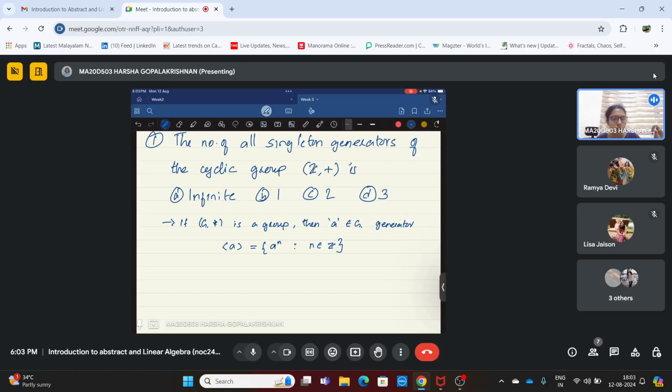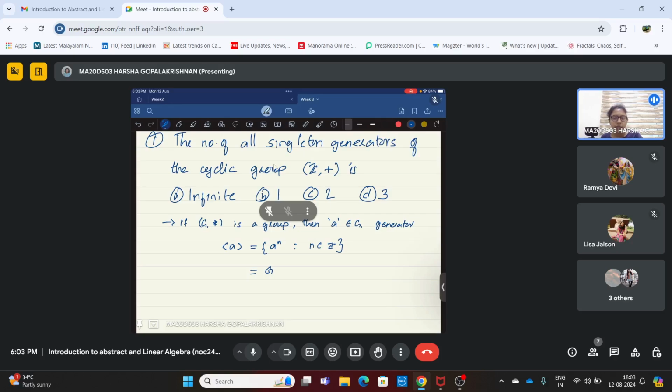Obviously this will be a subset of G for any A. If all these elements A power n are the same as the group G, that means A generates all the elements of G. In that case, we say A is a generator.